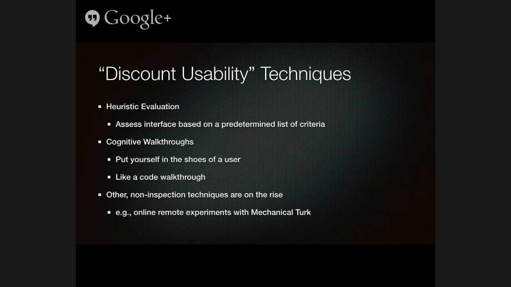And it's very much like a code walkthrough. It's one of these collaborative engineering techniques for deconstructing a complicated artifact and then going through and learning about it piece by piece and marking down critical incidents that you think users will experience.